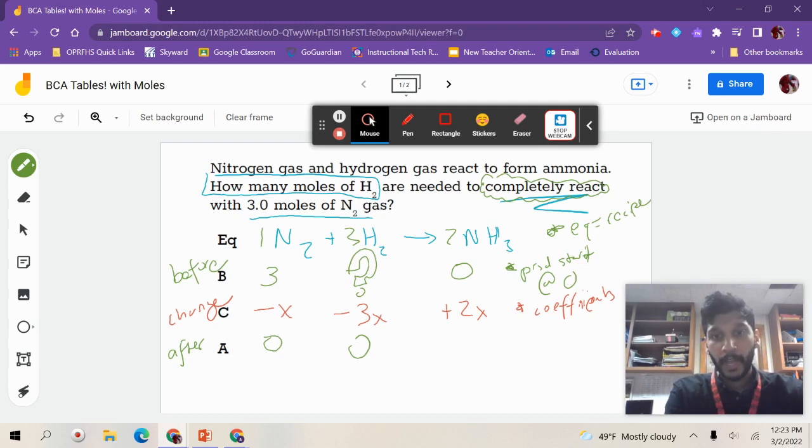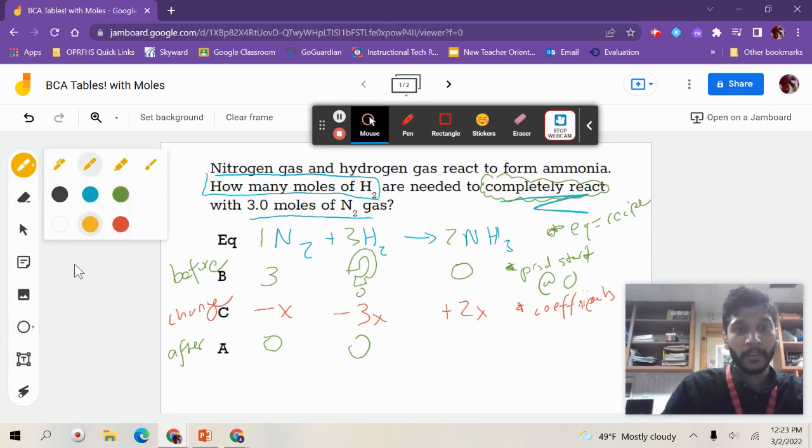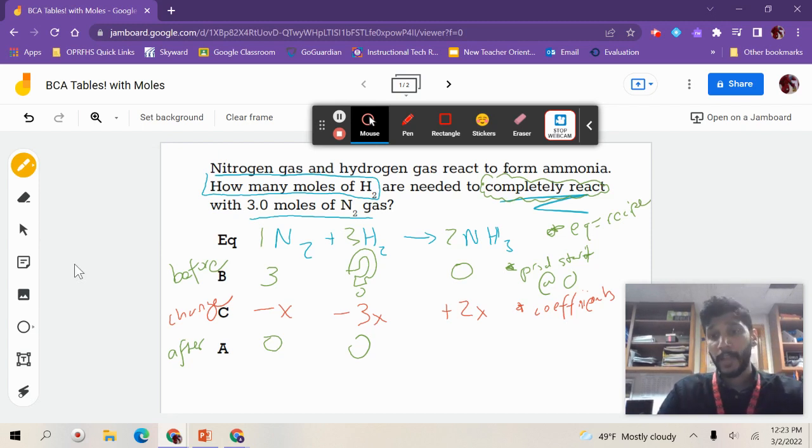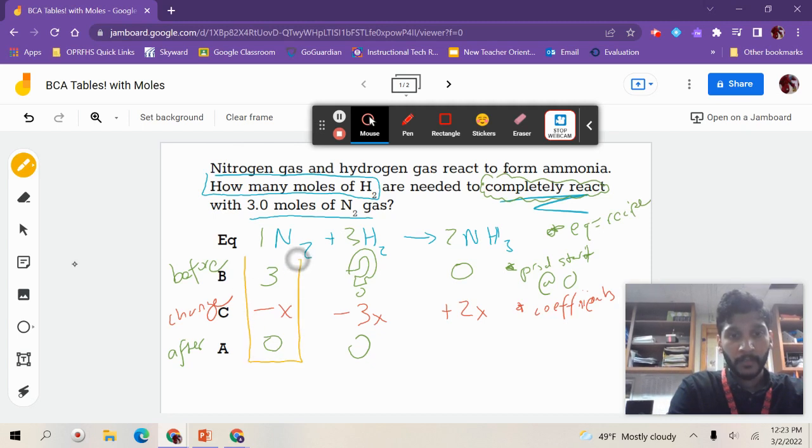All right, looking at our columns here, do we have a specific column that is already all filled up? Yeah, we do, right? So we are going to look first just to find out what X might represent. So over here, we've got our nitrogen row, already filled up for us.